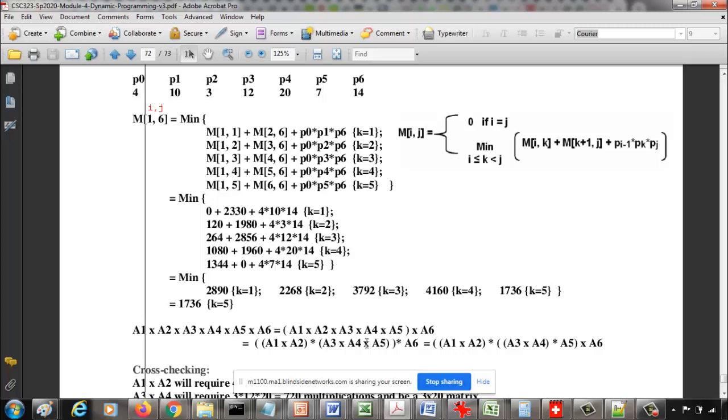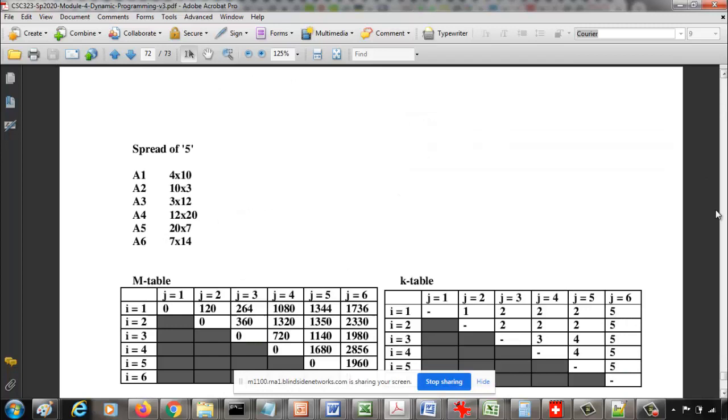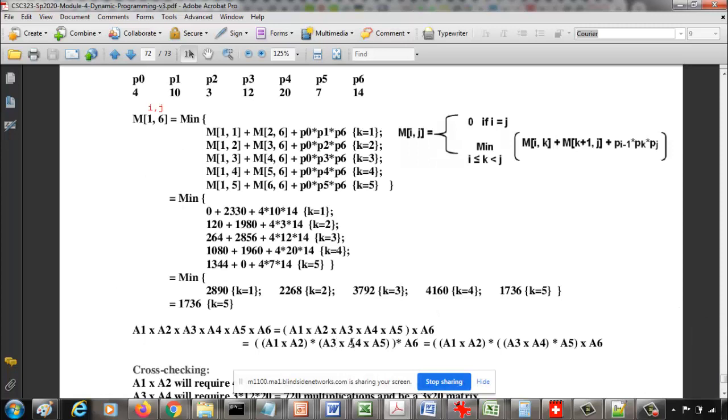Now this is a subchain of length more than 2, so we need to know how to split this further. Look at A3 to A5: we split at 4. So A3, A4 is one subchain and then A5. So this is how you should multiply them.